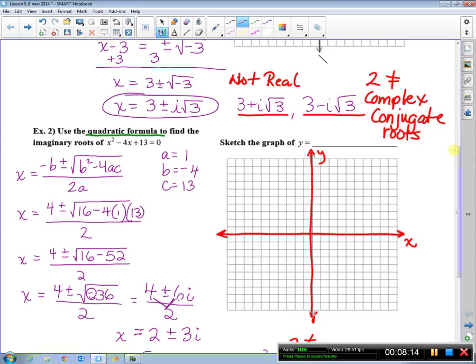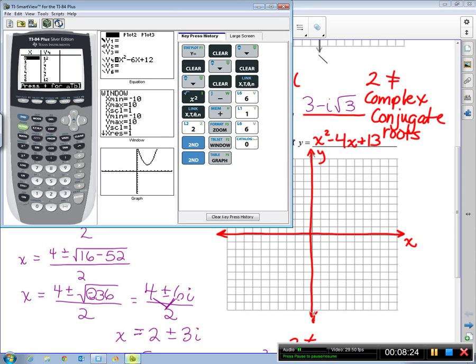So putting in x squared minus 4x plus 13. Let's go ahead to the calculator. I don't know why I'm working down here, but it doesn't matter.